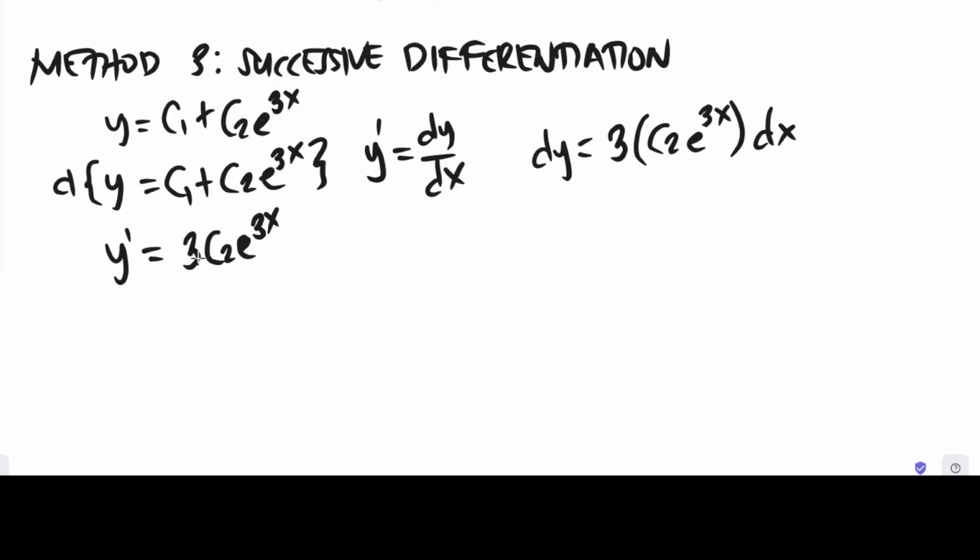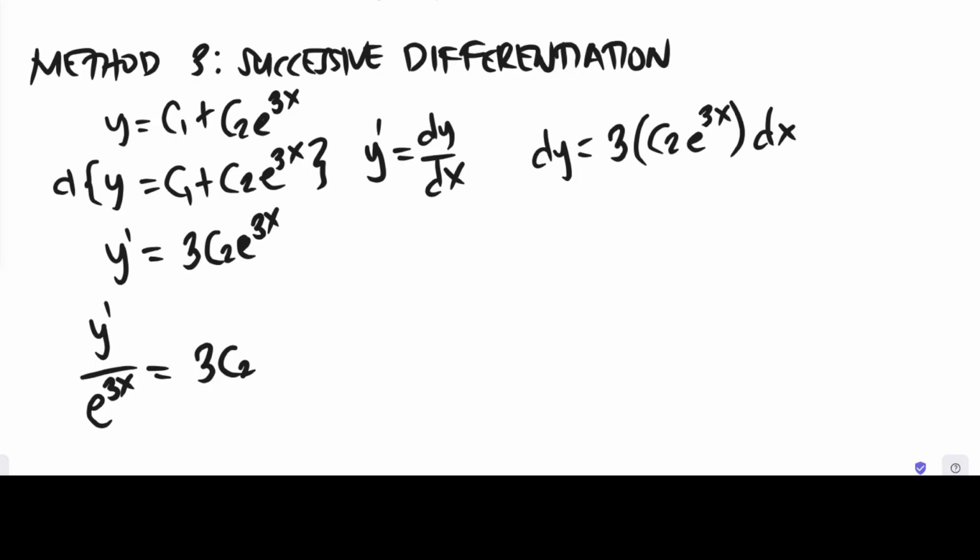So we will isolate 3C2 because these are all constants, so upon differentiating, this will be equal to 0. Let's transpose e raised to 3x, so y prime over e raised to 3x is equal to 3c2. This one is a bit off.